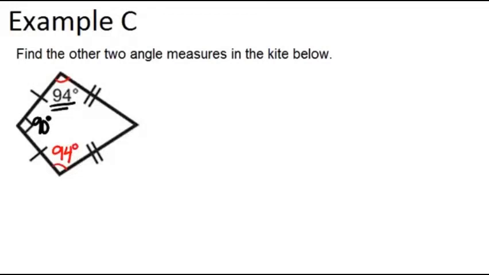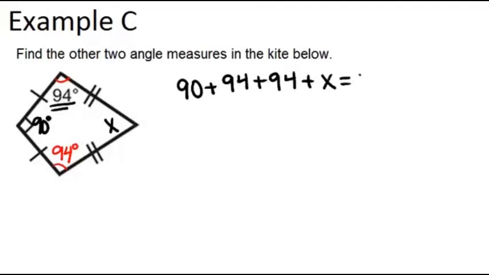The last thing that we need to remember is that the four angles in any quadrilateral add to 360 degrees. So if I call this angle x, I can add up 90 plus 94 plus 94 again plus x equals 360 degrees and solve that for my missing angle.